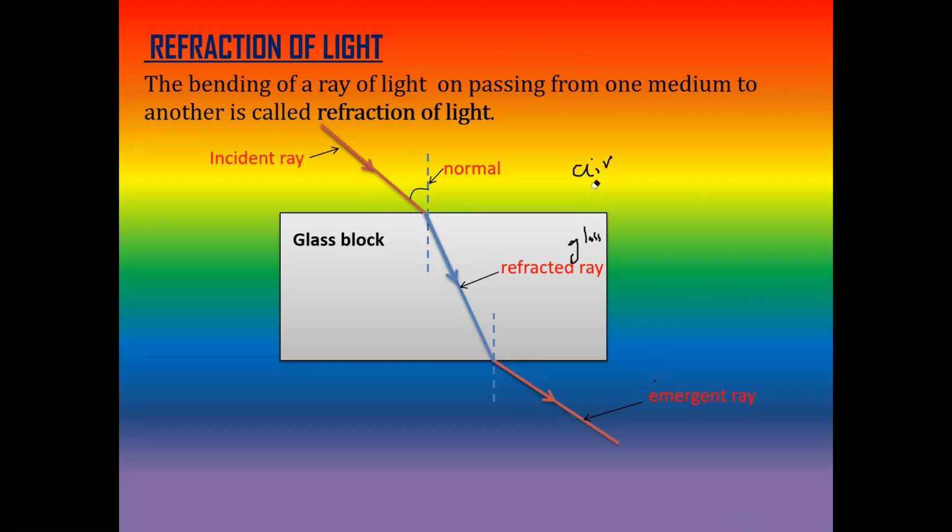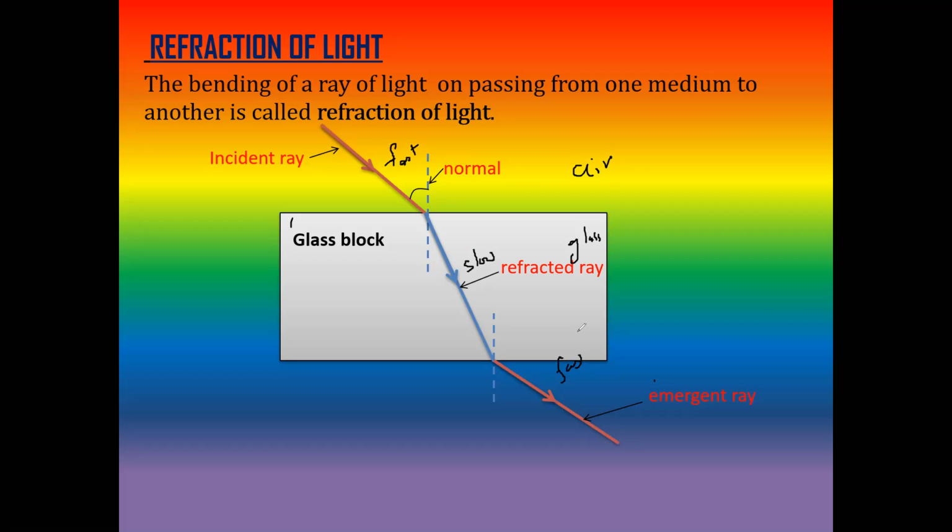The light strikes the surface, light passes from one medium to another, and it changes speed. So when the light was in air, it was moving fast, then it slowed down, and again it becomes fast.